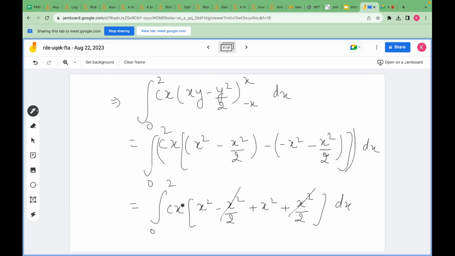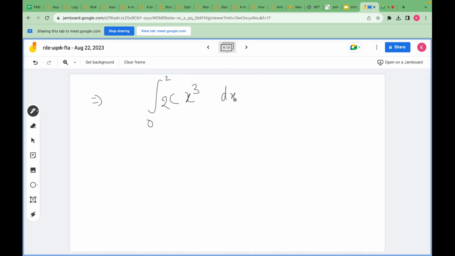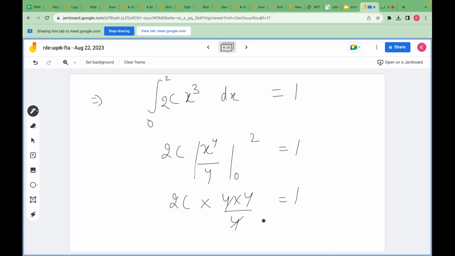This will be 2x square into cx, it will be 2cx cube, and this is equal to 1. So 2c x to the power 4 by 4 varying from 0 to 2 is equal to 1. So 2c into 16 divided by 4, and from here we get that c equals 1 by 8. Okay, so we solved the first part of the question where we needed to find the value of c.